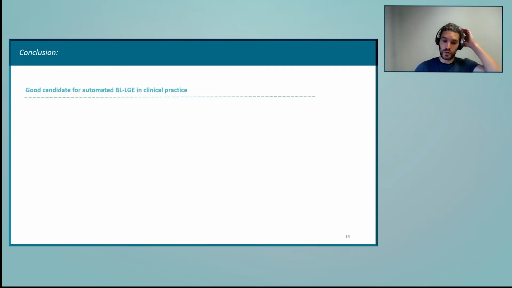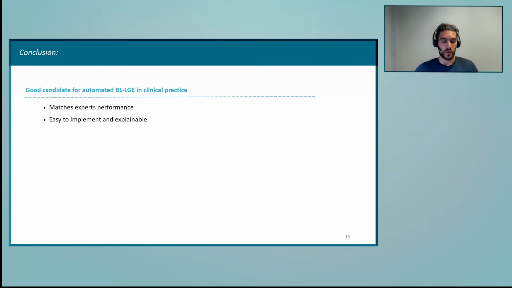Okay, so just to conclude, we think that this simple algorithm could be, again, a good candidate for automated black blood LGE in clinical practice because it matches expert performance. It's really easy to implement, and it's super explainable.